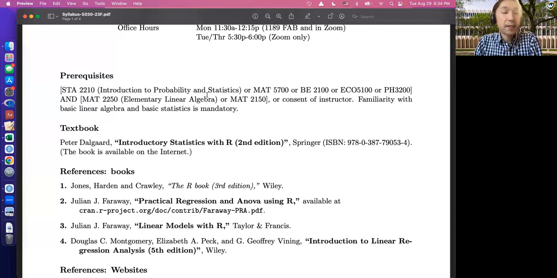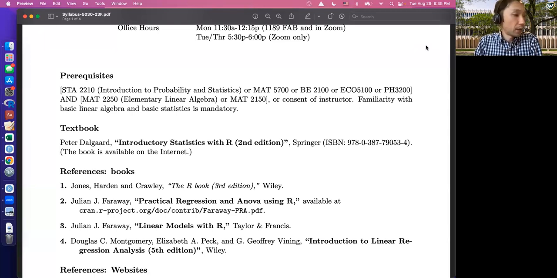The prerequisites are STAT 2210 and Math 2250, so basically basic statistics and basic linear algebra. I think both are really essential to take the course. If you are not sure whether you are fine to take the course, just let me know.